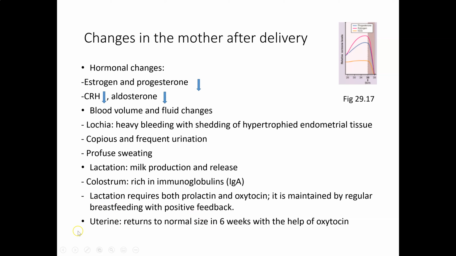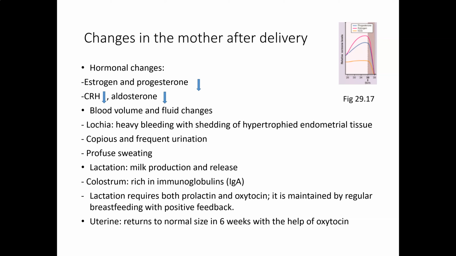Another major change for the mother would be the uterus. The uterus has grown tremendously during the pregnancy. Hypertrophy and hyperplasia, we talked about, right? Both happen. And then the uterus has to return to normal size in 6 weeks. And that's also with the help of oxytocin.